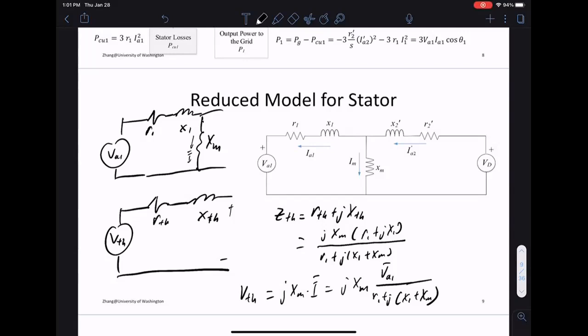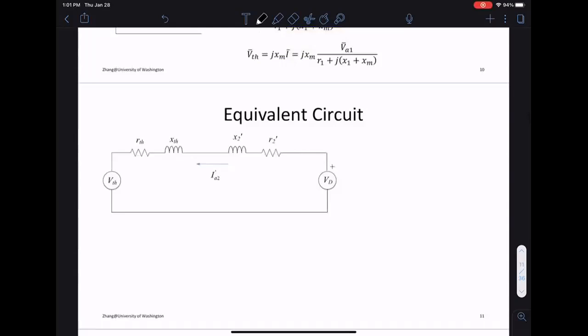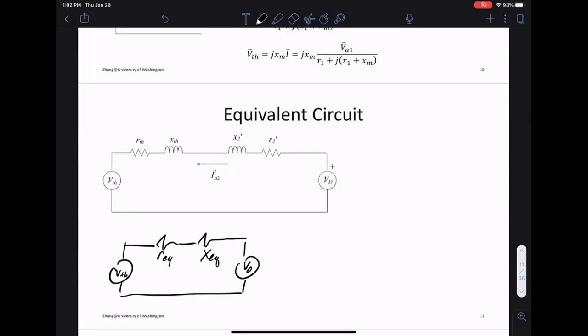So what we end up with is this type of equivalent circuit, and again, you can write down all the equations for it. We can combine all the impedances here, so let's say we have some R equivalent, X equivalent, and the developed voltage on the other end.